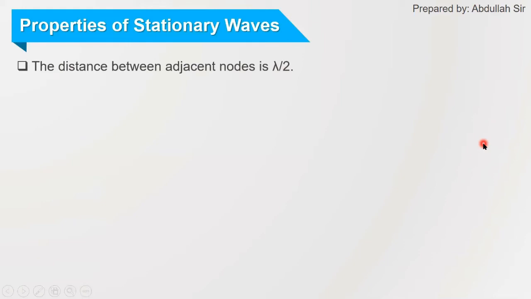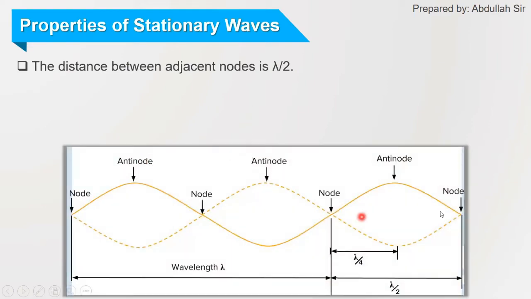The next property of a stationary wave is that the distance between two adjacent nodes is lambda by 2. Now look at this diagram. The distance between two adjacent or two successive nodes is lambda by 2. This is the first node here, and just after this node we get an antinode and then a node.